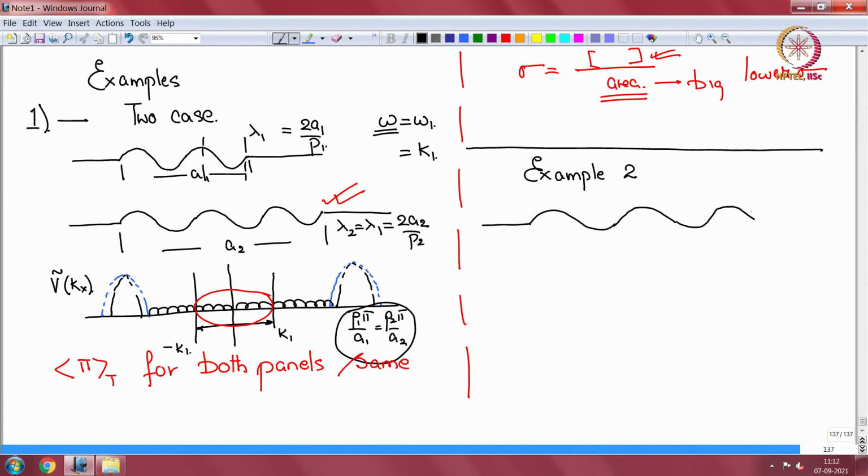We have two panels vibrating in a certain mode. V tilde P sine P pi x by A. And there is a second panel which is also vibrating in the same mode.